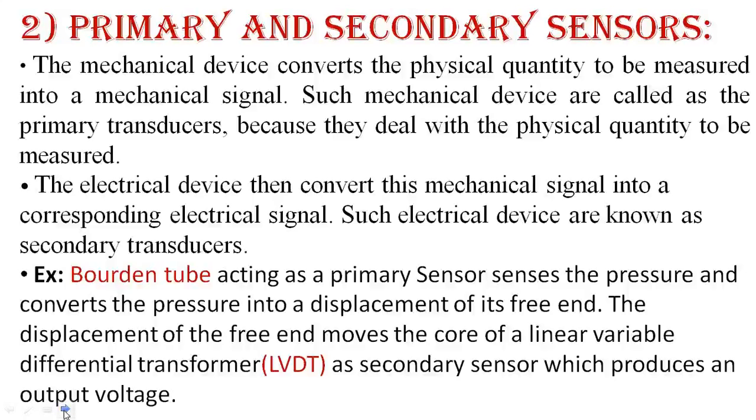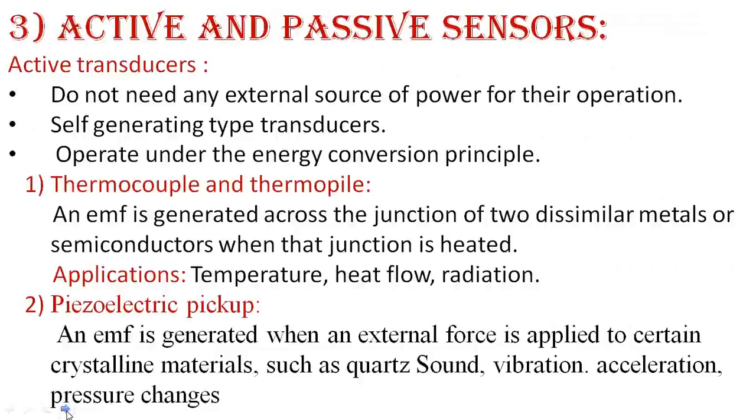So the Bourdon tube senses the pressure and converts it into a displacement, and the LVDT senses the displacement and converts it into an output voltage. So the Bourdon tube is the primary sensor and the LVDT is a secondary sensor.